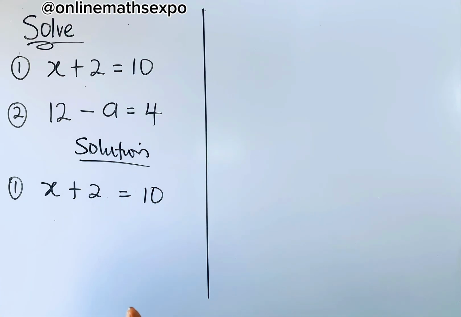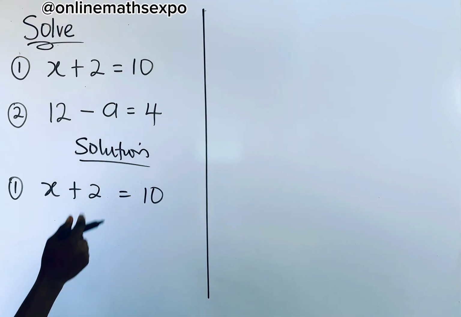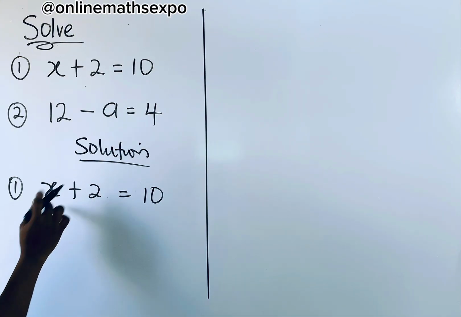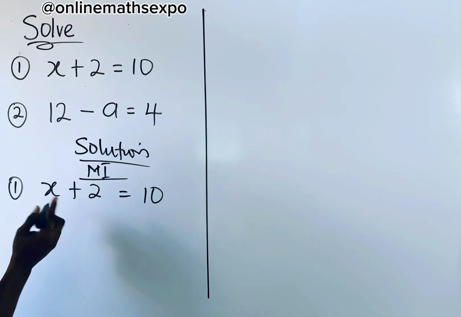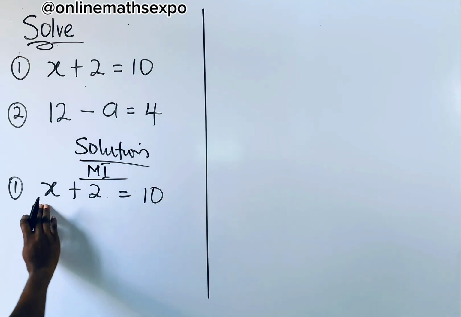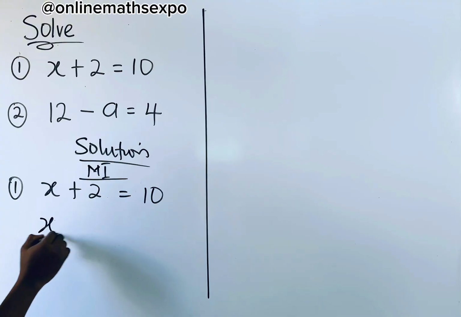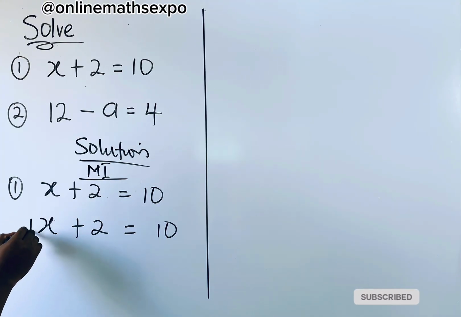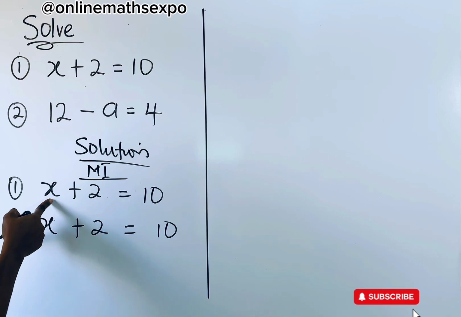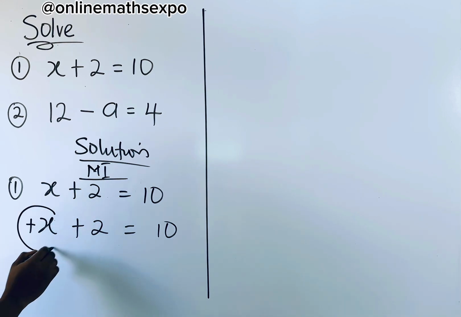So to solve is to show the steps through which you got that 8. I hope it's understood. So to show those steps, since we want to get x, we are using method 1 now. This x has a positive sign, okay? Any number that does not have a sign is said to have positive.